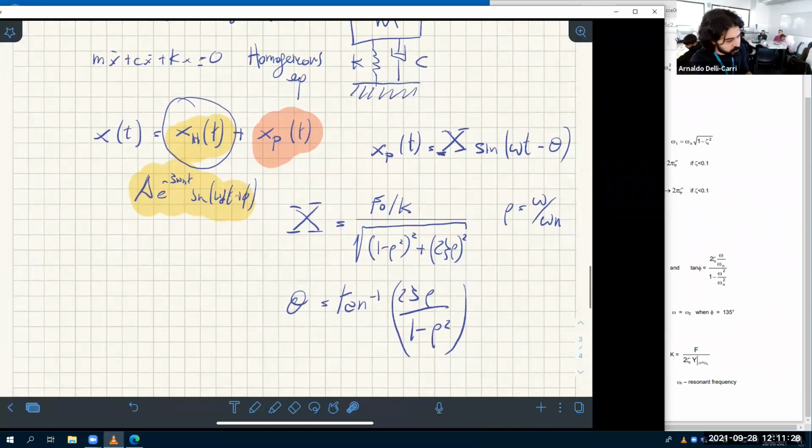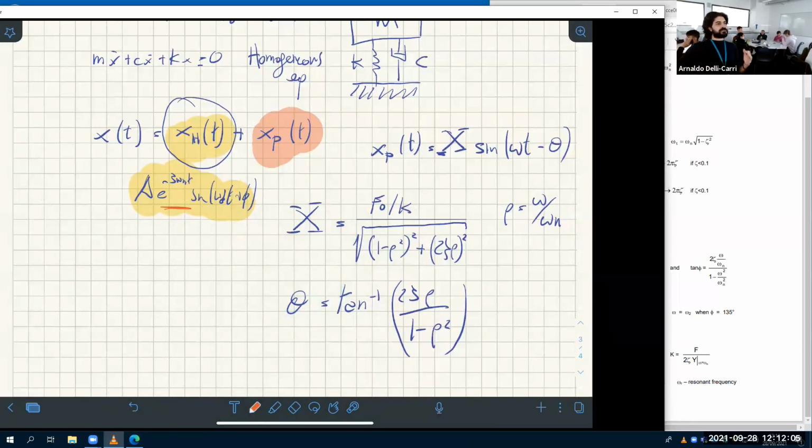Now, let's look at the full solution, which is this. This is this beast that we found earlier that contains omega d and contains a decaying term, plus this beast that contains this other beast and this other beast. Okay, it looks very complicated, but what happens here? Have a look. What is this? A decaying term.